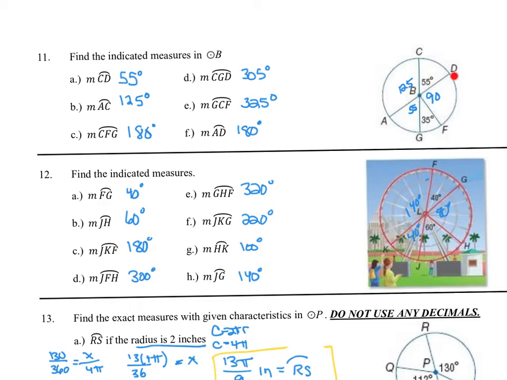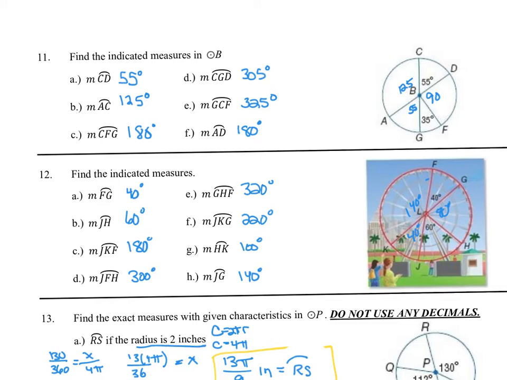So if we take 360 and subtract out that 55, that's going to give us 305. Our next one is GCF. So 360 minus the 35 is going to give us 325. And then AD is going to give us 180.